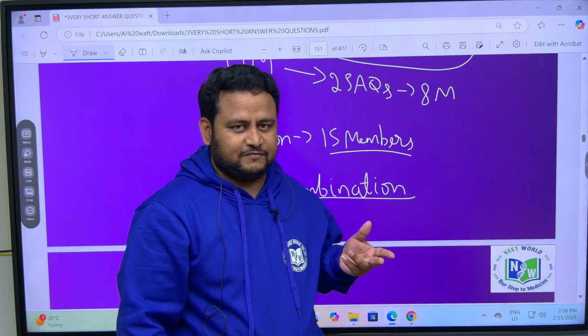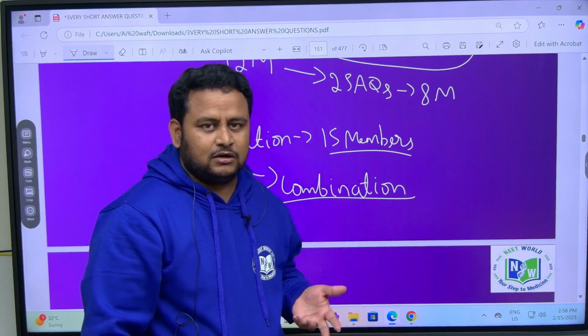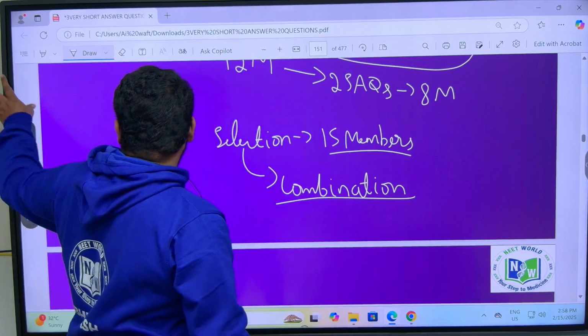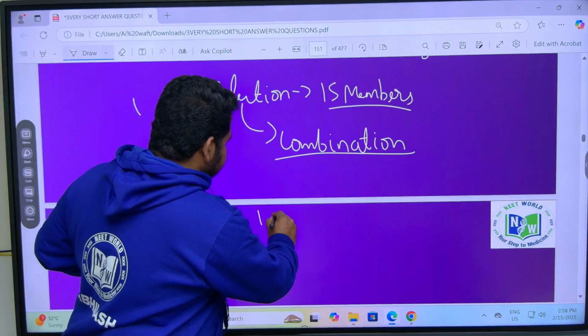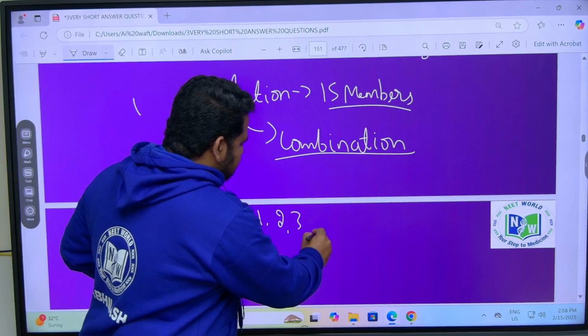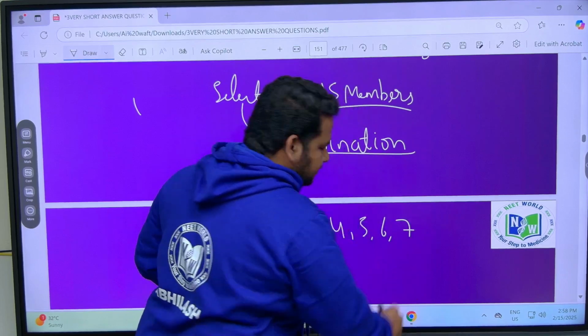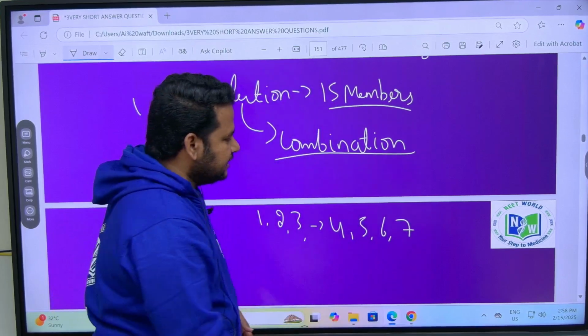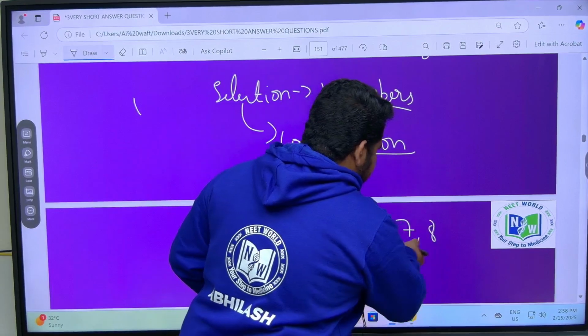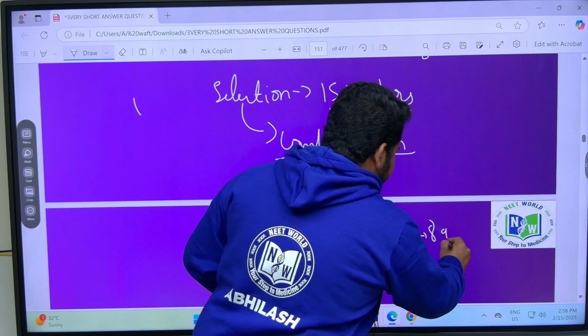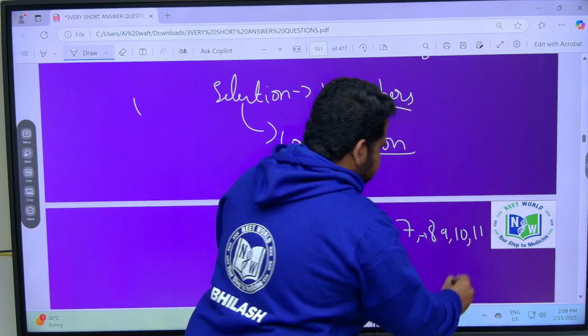The first, second and third batsmen are called top order batsmen. Then 4, 5, 6, up to 7, are called middle order batsmen, including all rounders. Then 8, 9, 10 are bowlers.